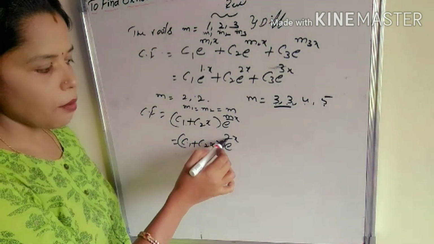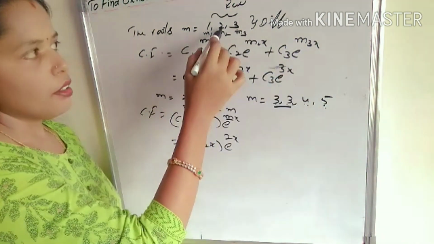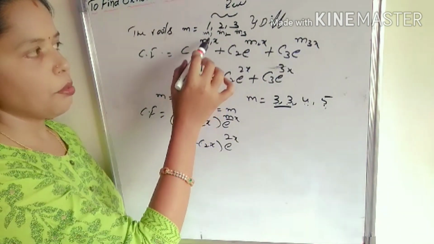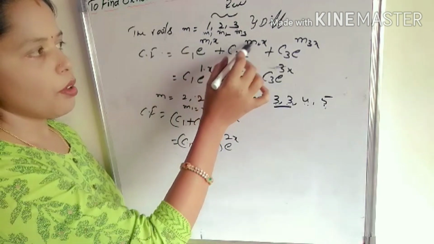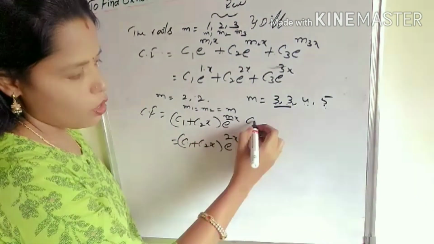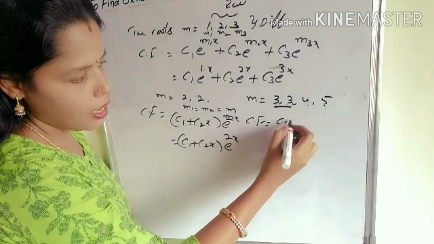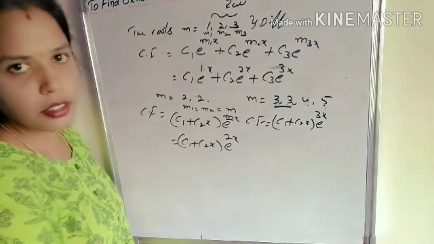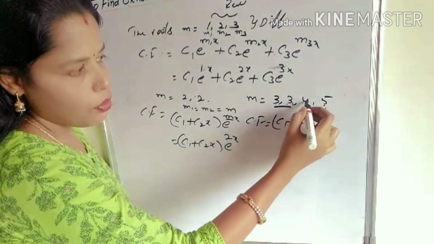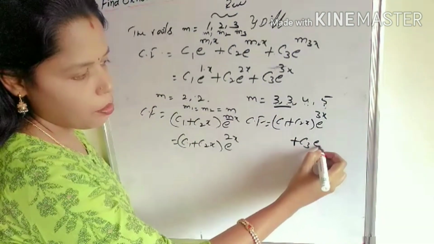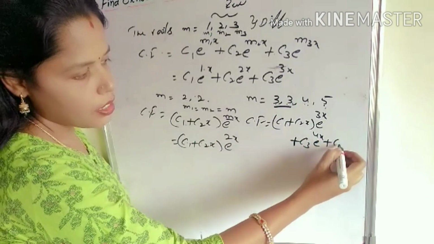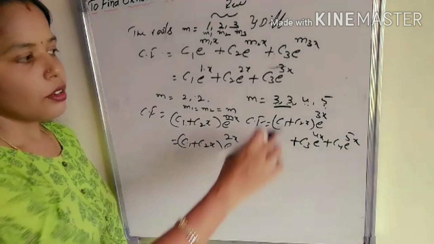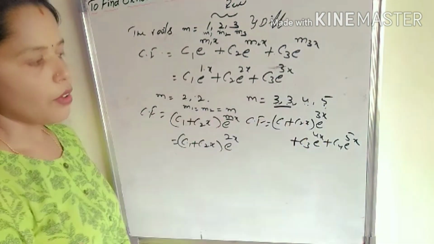When the roots are real and different, the complementary function is c1 e to the power of m1 x plus c2 e to the power of m2 x, and so on. So here the complementary function is c1 plus c2x into e to the power of 3x, plus c3 e to the power of 4x plus c4 e to the power of 5x. This is the solution for the roots 3, 3, 4, 5.